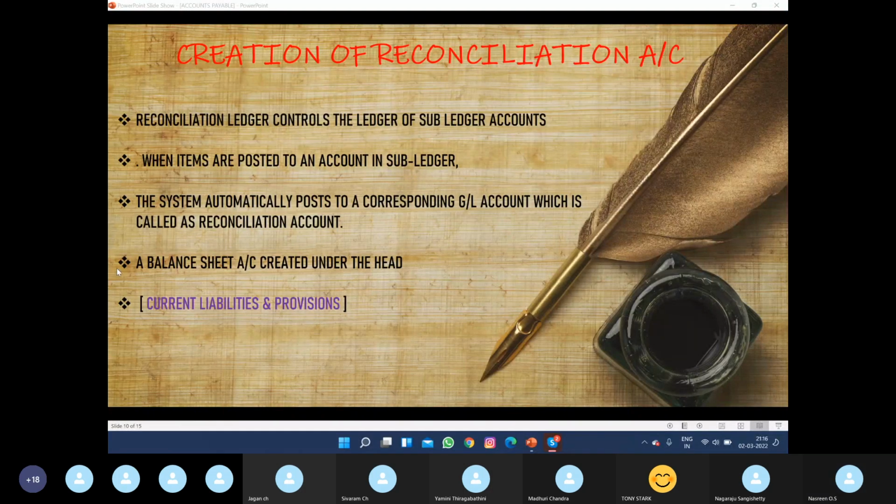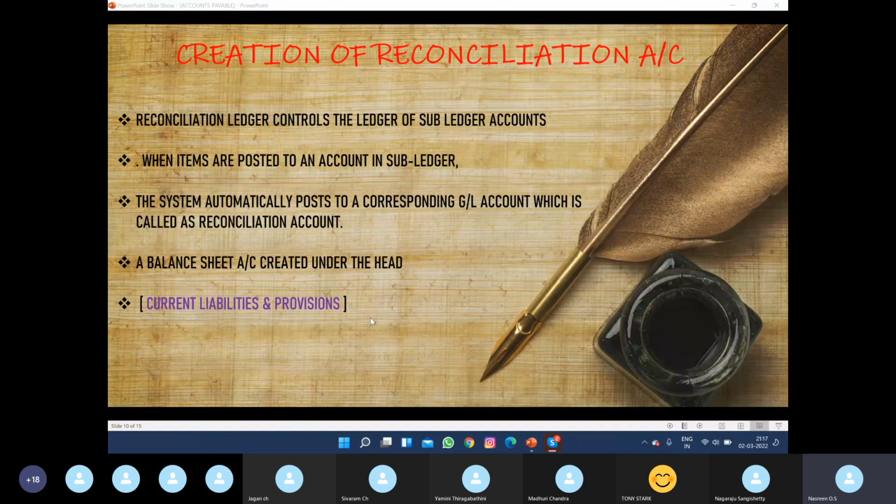Because these vendors are a liability and liability is recorded in our balance sheet. Why current liabilities and provisions? Because vendors are current liabilities for any company. So this reconciliation account is created in the balance sheet under the head current liabilities and provisions.